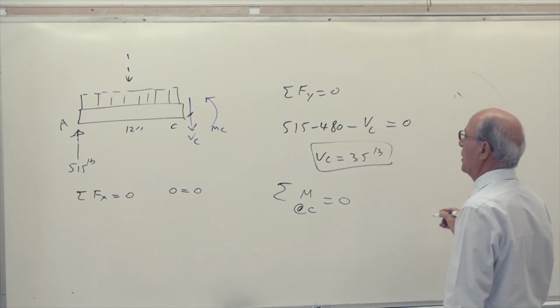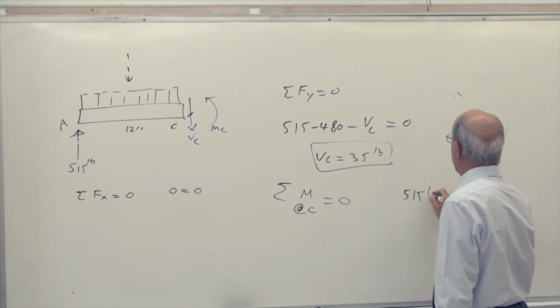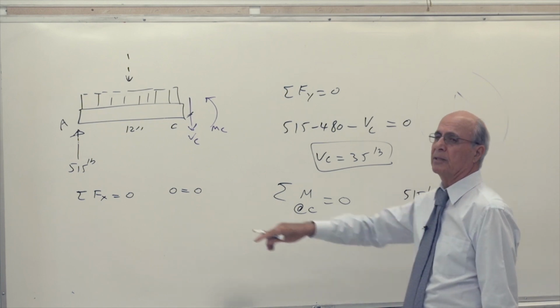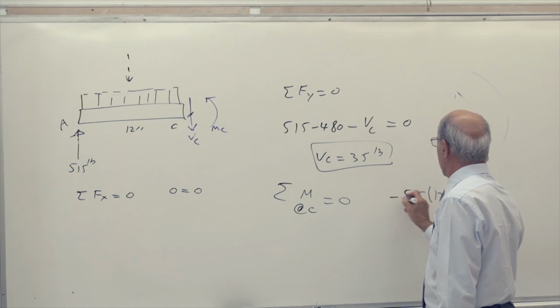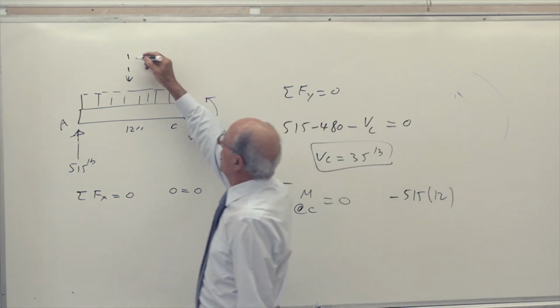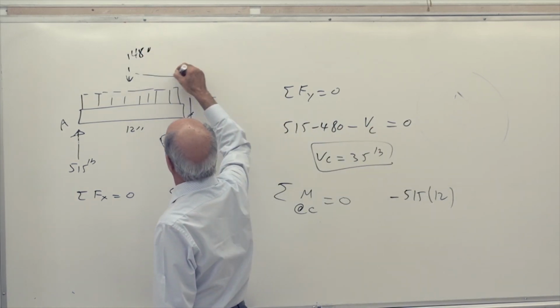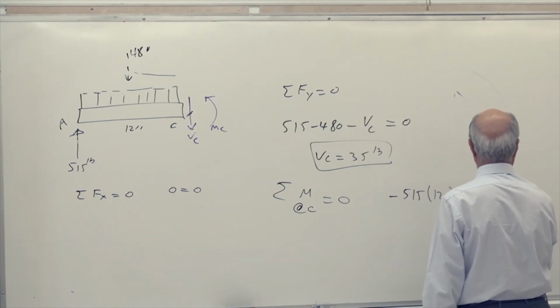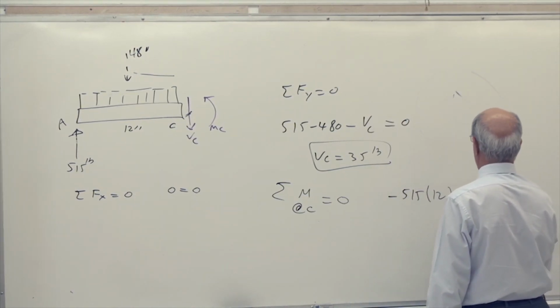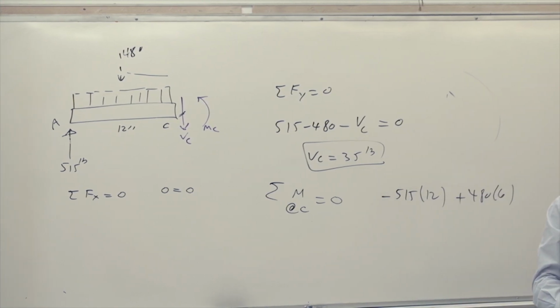So therefore, it becomes like that: 515 times 12, plus or minus. This is now static. It's going clockwise, therefore it is negative. Then this is 480 times what? What's this distance? That distance is 6. Is that correct or not? 480, it's very simple, times 6, and that is plus. Is that correct? Yes?